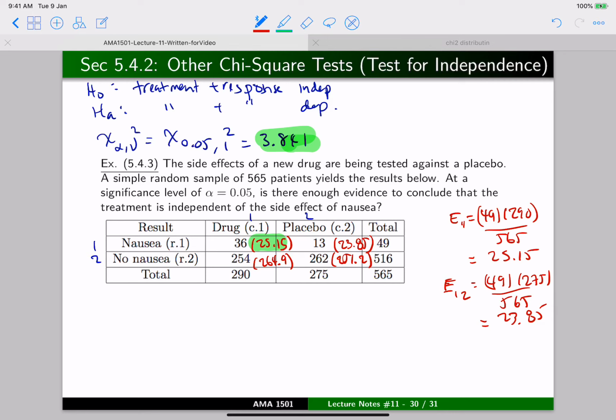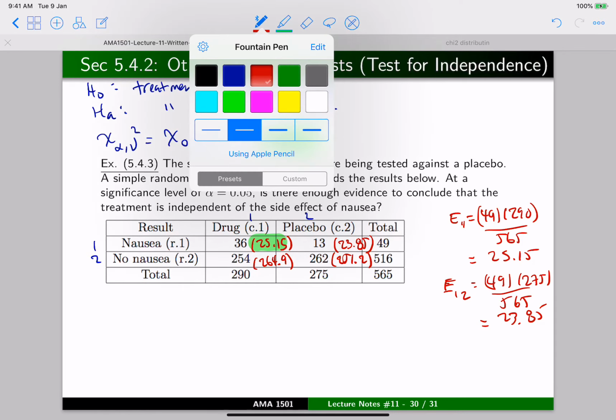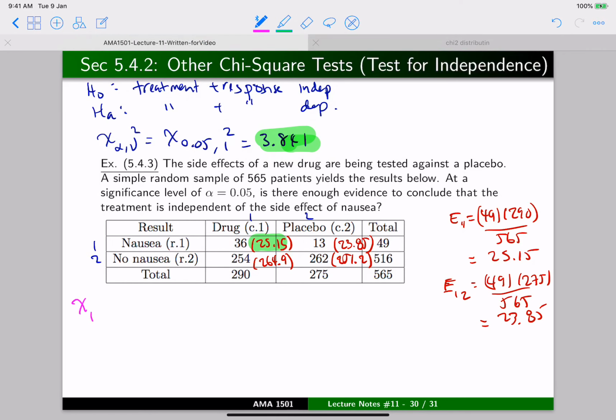And so basically now you just compute the chi-square test statistic. It's the double sum of observed minus expected squared over expected. So I'll write out the calculations here.